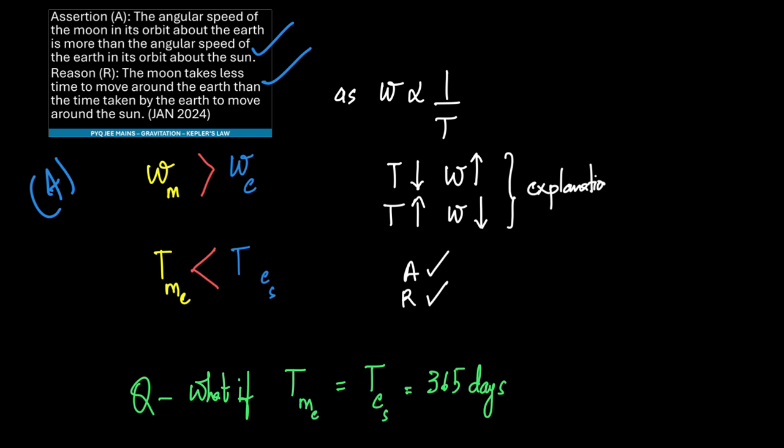Now, I have a question for you. What if the time period of moon around earth be equal to time period of earth around sun? Or in other words, what if the time period of moon around earth is equal to 365 days?